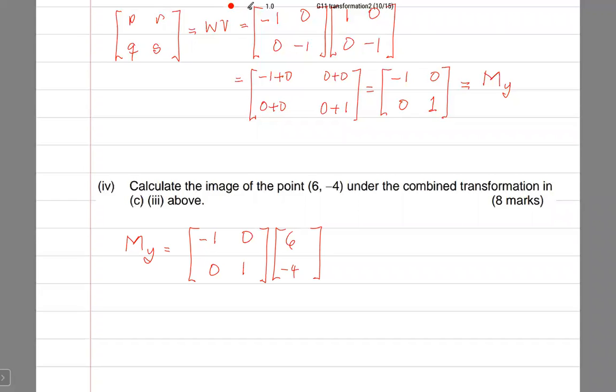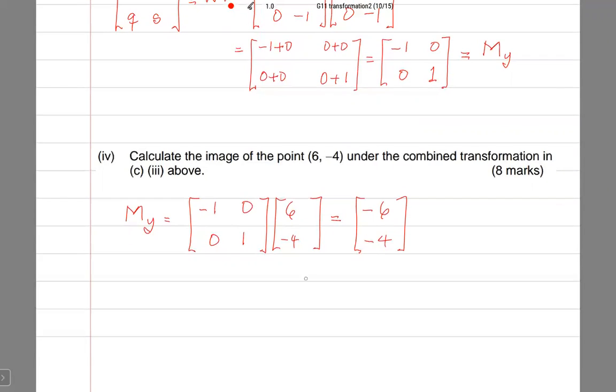Now, if you want, you could use your knowledge of what is going to happen and just simply write the answer. Or if you don't know, you can just simply do the multiplication. But what this matrix does is that it simply changes the sign of the x-coordinate. So this point is going to become minus 6, minus 4. The y-coordinate remains the same, but the sign of the x-coordinate changes.